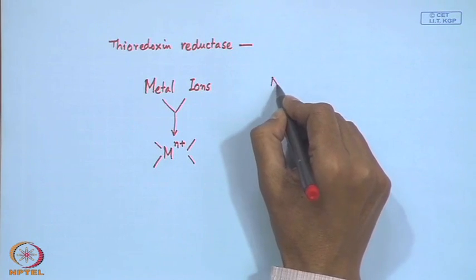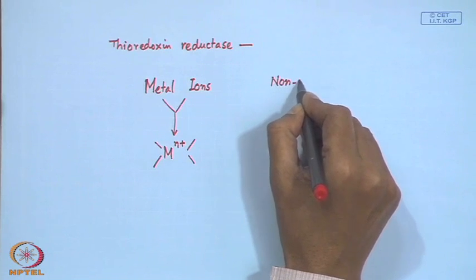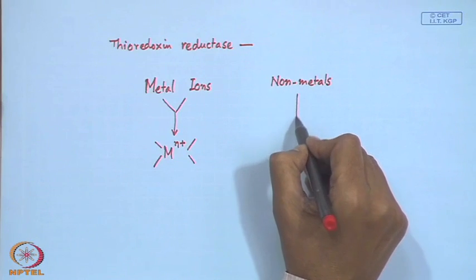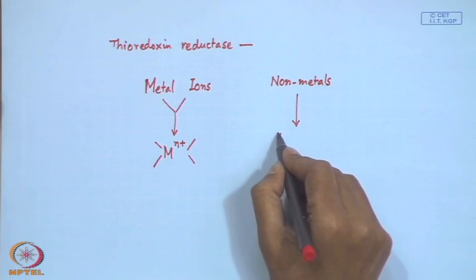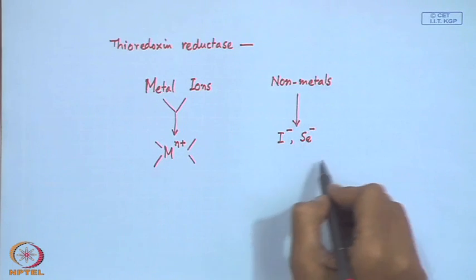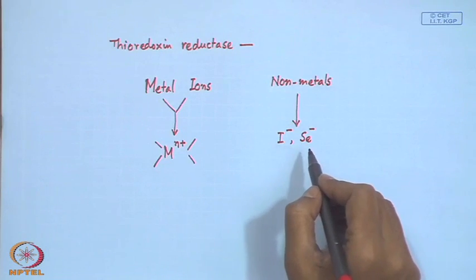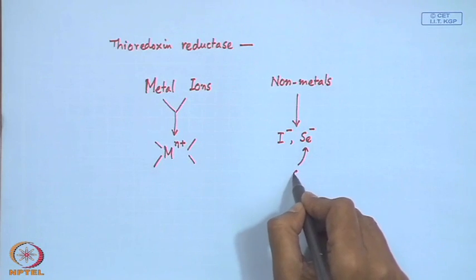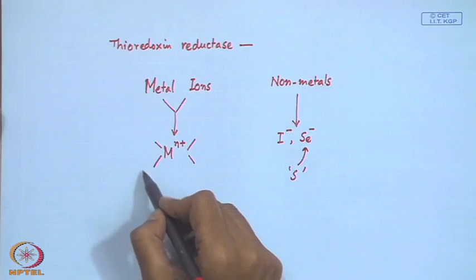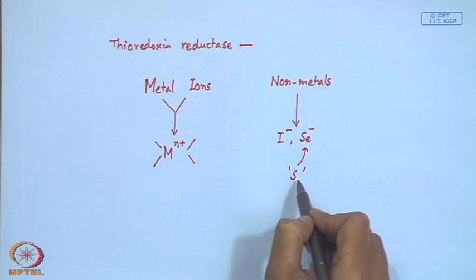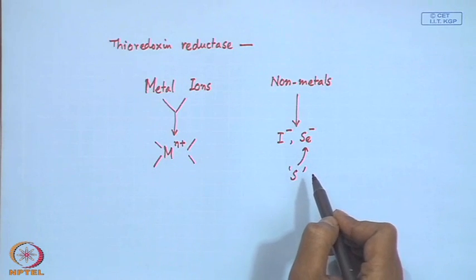But in the last few classes on nonmetals, it is the nonmetal center like our iodine as iodide or selenium as selenolate through some terminal units, and they are further interacting with some other groups which we cannot get from the corresponding donor atoms, like the sulfur based system that we can have as the donor groups for these metalloenzymes, where the metal is bound to these particular sulfur groups as the donor groups.